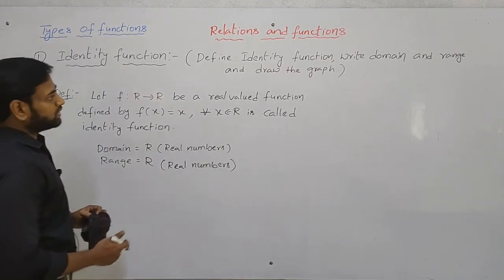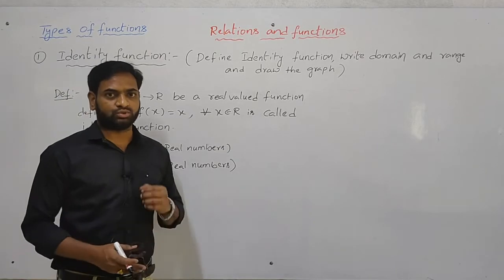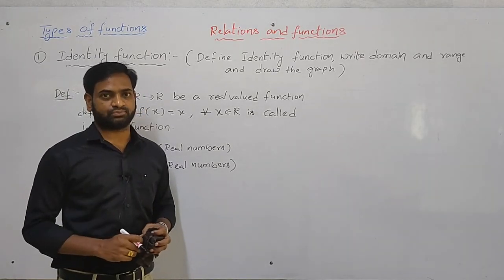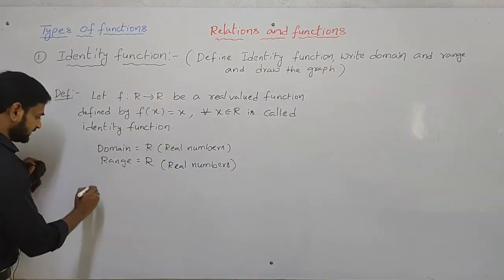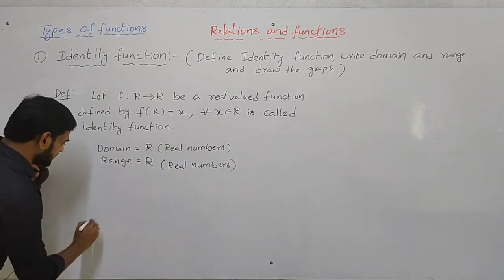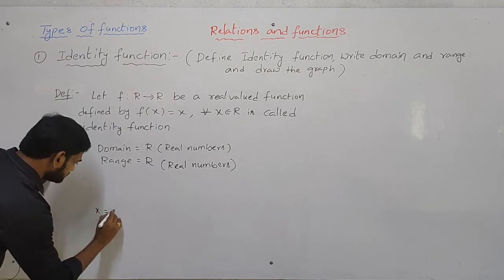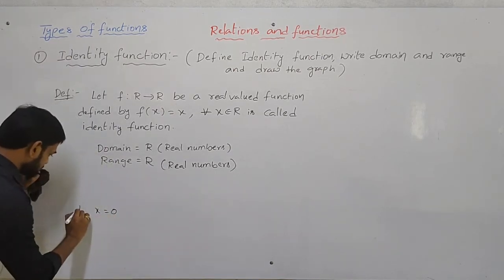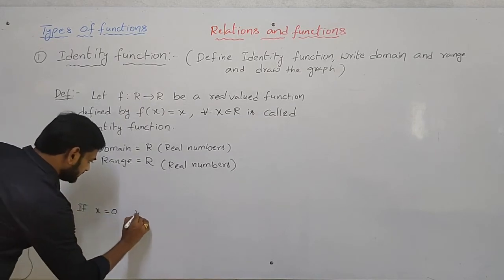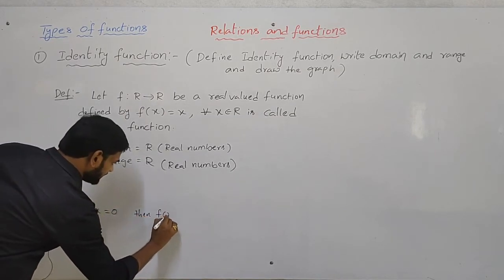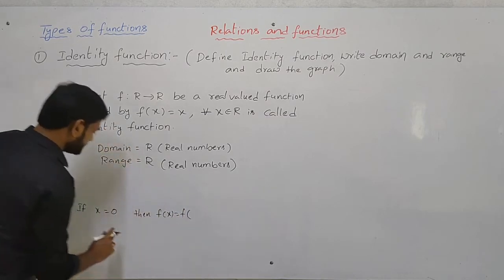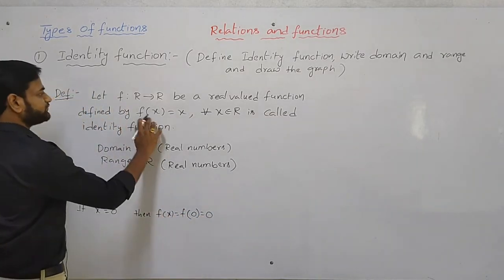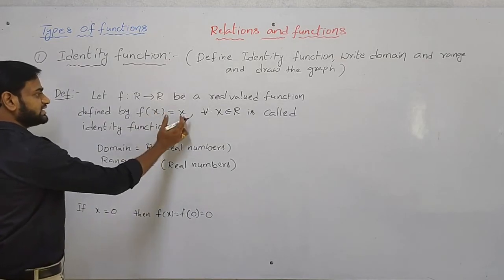Next, what about the graph? To draw the graph, we need points. So for that I am taking, suppose x value is 0. If x is 0, then f of 0 is 0, because the function is f of x equal to x only.